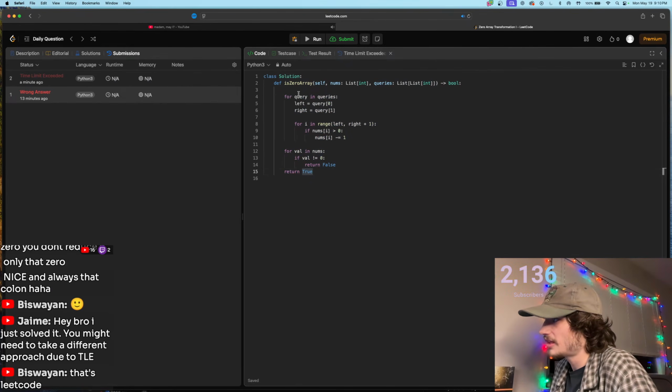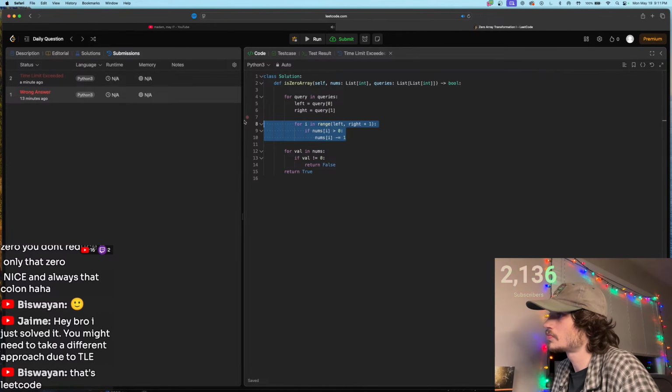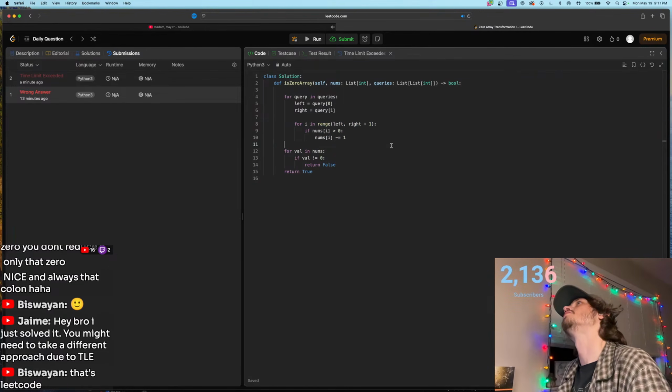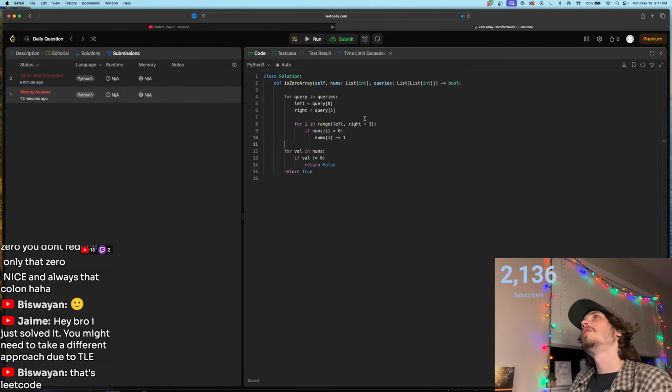So the only thing I can think of is if you reduce a value to 0, you don't need to do a loop over it again. If you reduce a value to 0, you don't need to go back on another query over that value.